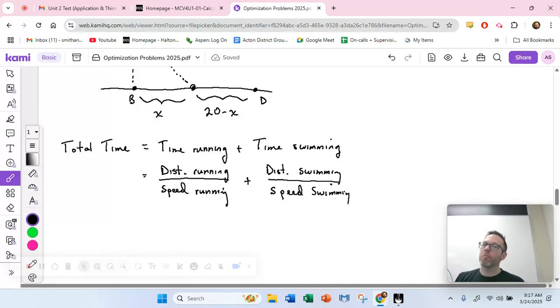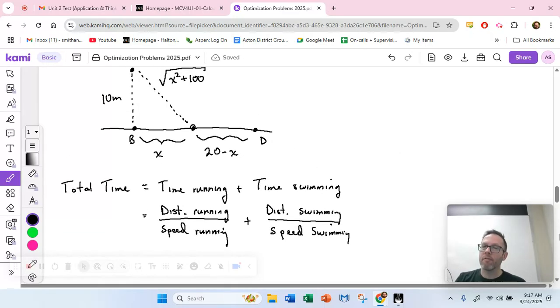And we have expressions for all of those things. We did that legwork in our diagram. We have the distance running. It's 20 minus X. We have the speed running. It's 5 meters per second. We have the distance swimming. It's that radical. And we have the speed swimming.